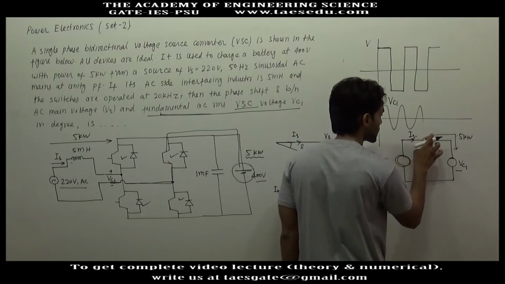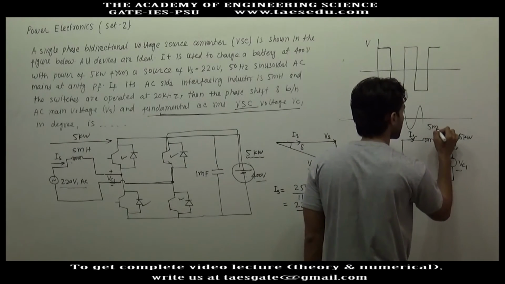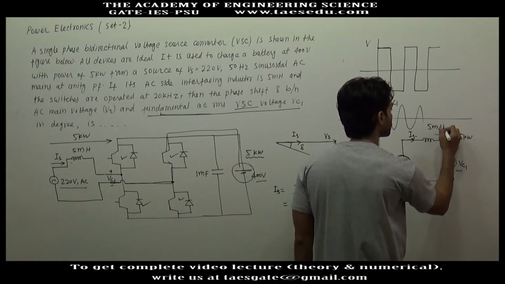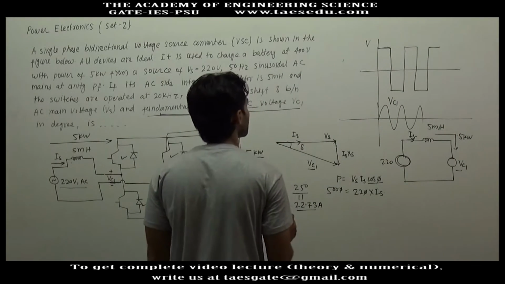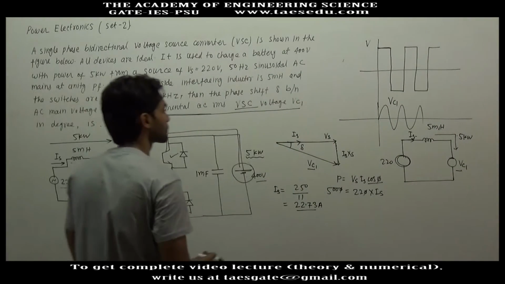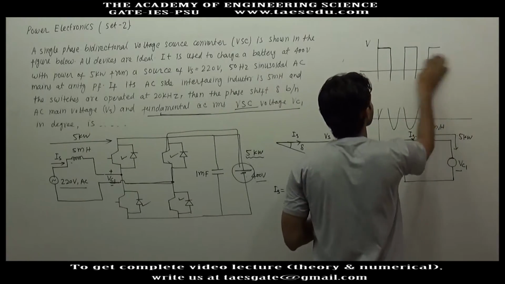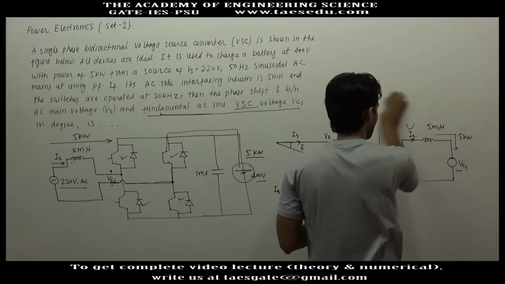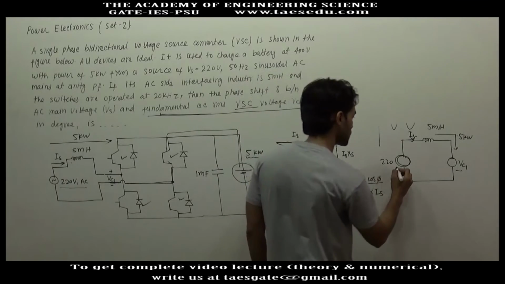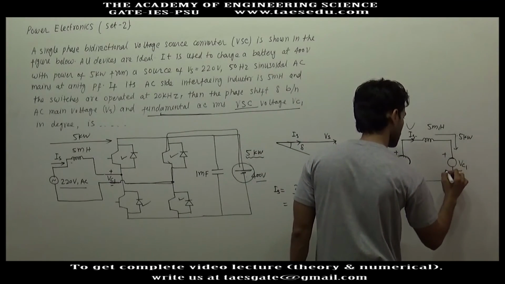And what will be the reactance offered by this 5 millihenry inductor? The reactance XL will be... now what I am going to do, let's say this voltage is Vs, this voltage is Vc1.